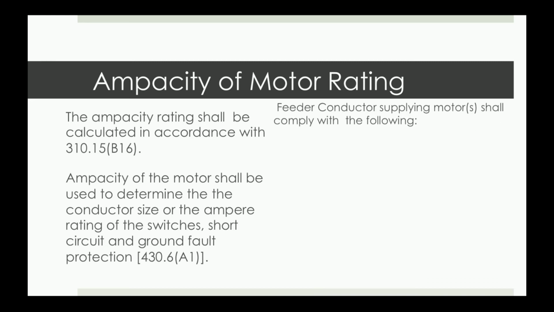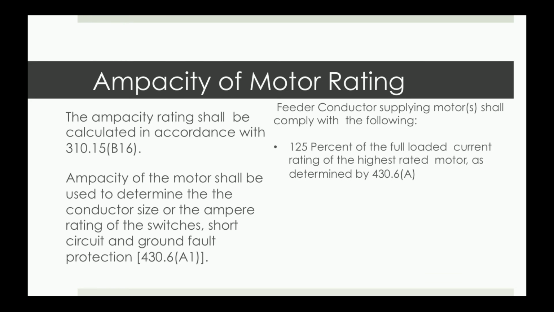Feeder conductors supplying motors shall comply with the following, that is, 125% of the full load current rating of the highest rated motor as determined by 430.6(A).